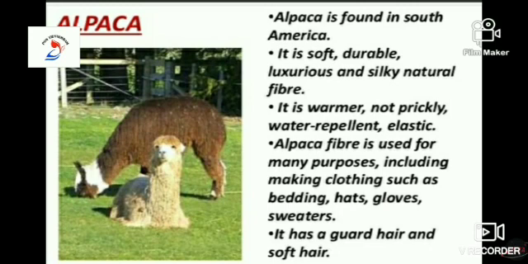It has guard hair and soft hair. The meaning of undercoat: a covering of short hair found below the longer outer hair on an animal's body. Now let us study about mohair, which we obtain from the Angora goat.